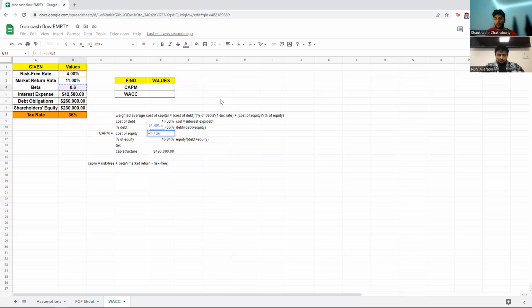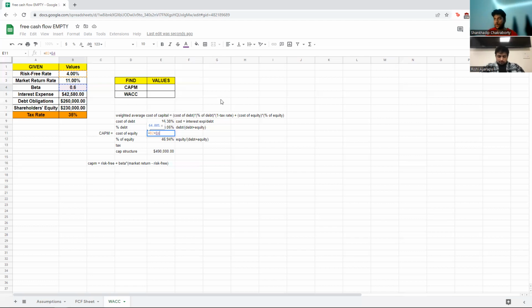That means for every 1% that the S&P 500, for example, moves, this company, if it was publicly traded, will move about 0.6%. Or for every 10% the market moves, this company will move 6% in the same direction as the market.